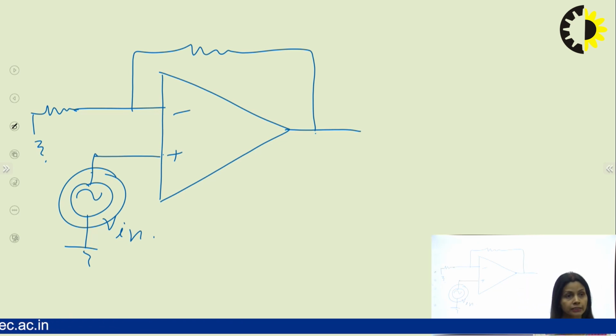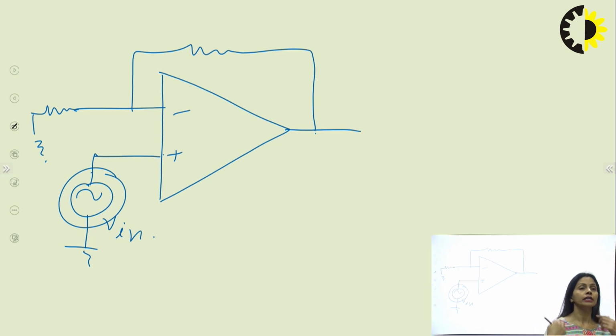If input has been given at the non-inverting terminal, OPAMP is in non-inverting configuration, and if input has been given at the inverting terminal, the OPAMP is in inverting configuration. So you need to identify whether your OPAMP is in inverting configuration or non-inverting configuration. It should be very, very clear first of all.